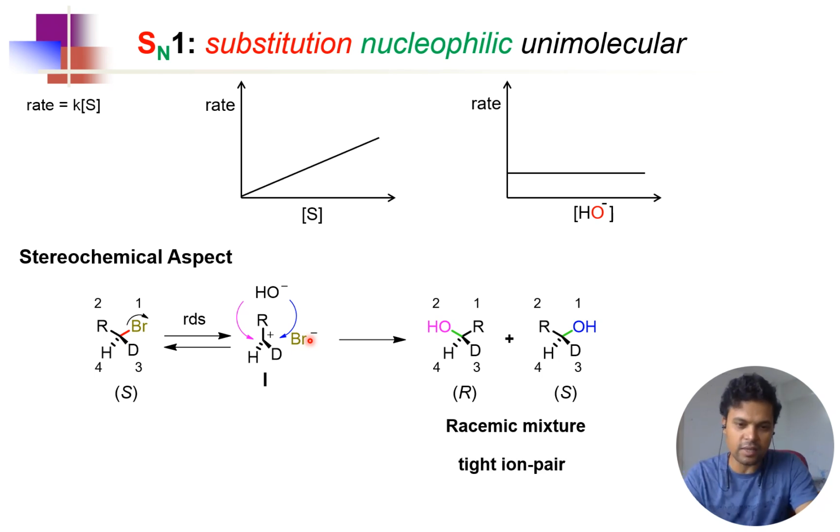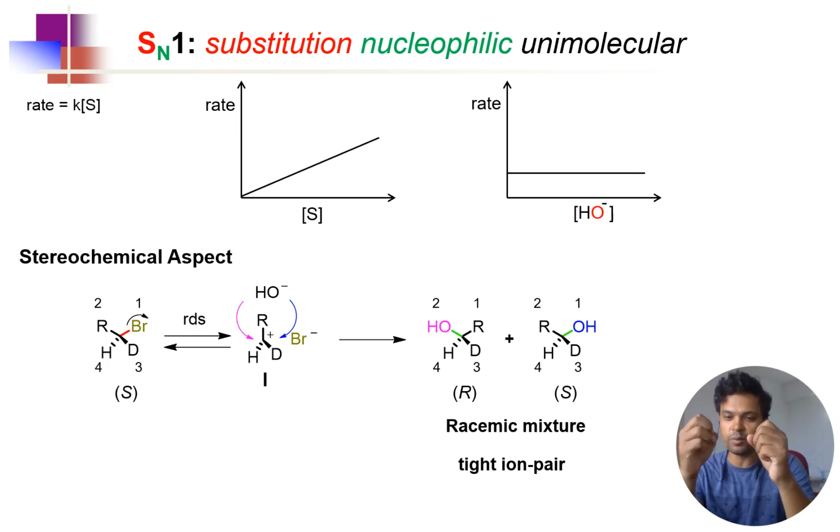And here I was talking about the tight ion pair, because once they leave, the bromide ion does not leave completely, because they are always forming the tight ion pair. If your molecule is this one and the bromine is this one, then bromine will be negatively charged, so OH minus will not be able to come from this side. It has to come from the other side of the molecule.